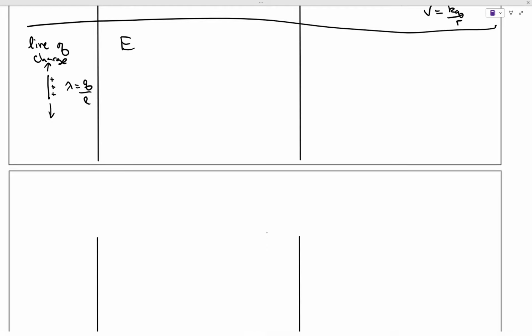What does the electric field look like for this configuration? We got this from integrating Coulomb's law, and we can also get it from Gauss's law, and that looked like lambda over 2 pi epsilon naught r. It pointed radially away from the wire. There's no component of the electric field that points along the wire. So that's the electric field.